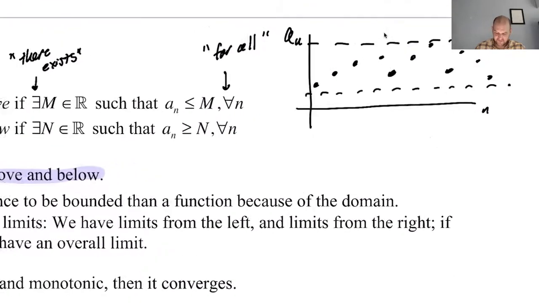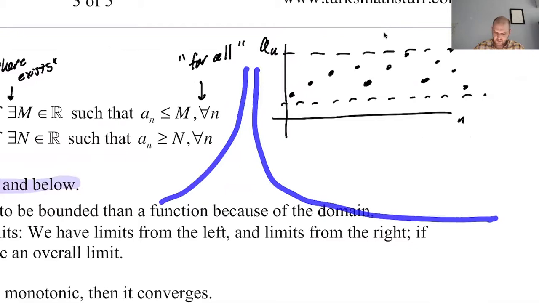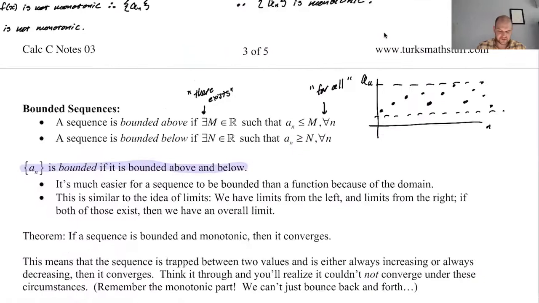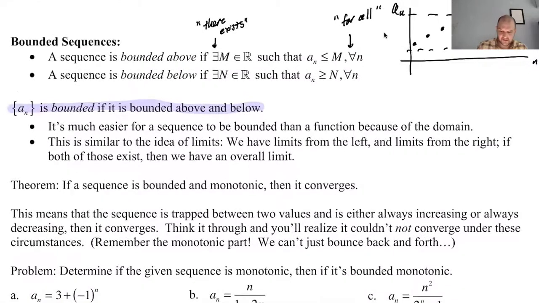But the function is unbounded because of the vertical asymptote. Because of domain issues, it's easier for a sequence to be bounded, because sometimes you just jump right over those vertical asymptotes. I think of that as a good thing. I don't know if it is or not.